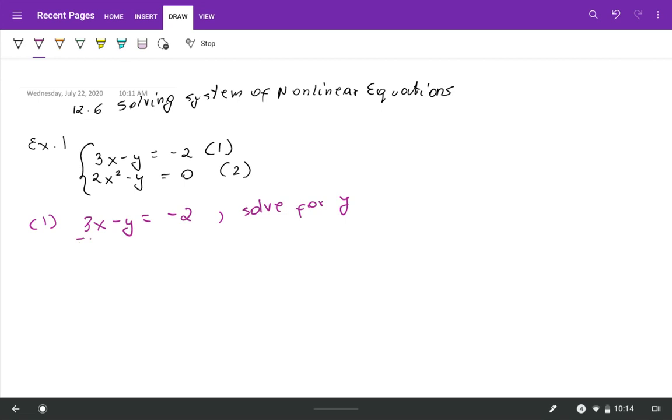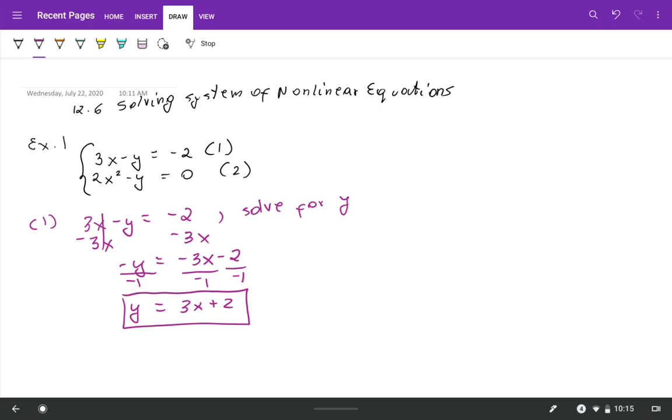So I will subtract 3x from both sides. We have negative y equals negative 3x minus 2. Divide each by negative 1. And we're getting y equals 3x plus 2. So that's what we end up with for equation 1. We just rearranged it and solved for y.